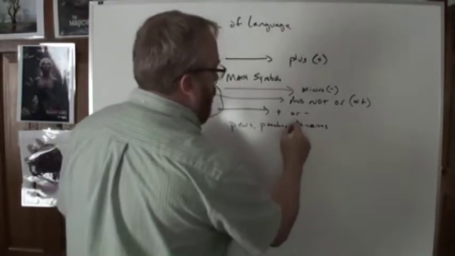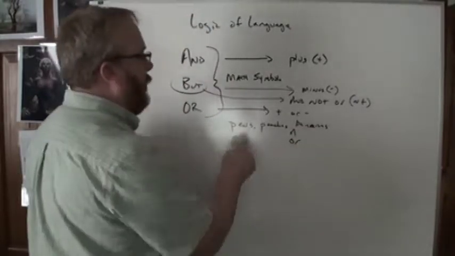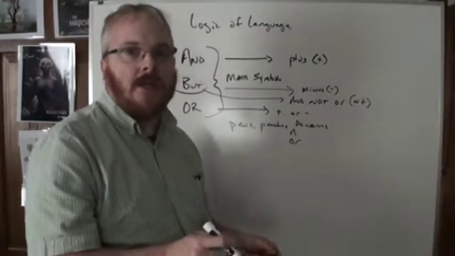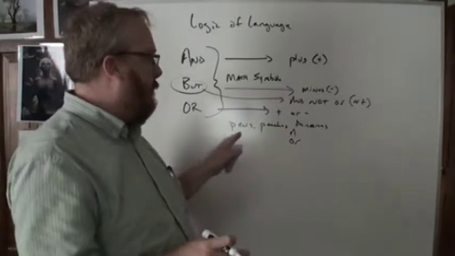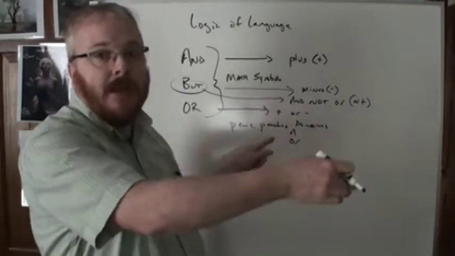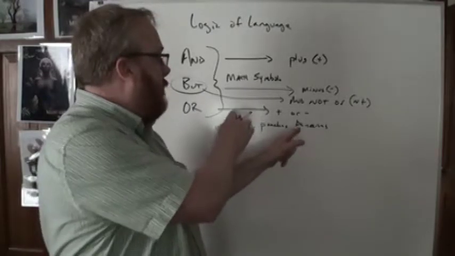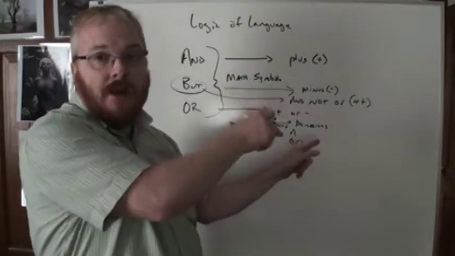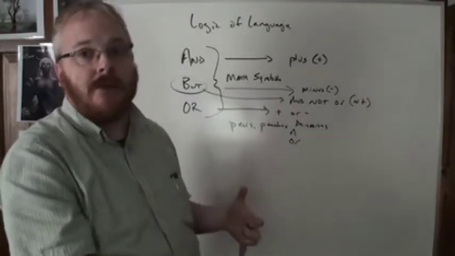And the moment we stick an "or" in, so we've got pears, peaches, or bananas, then what is true is that we can have pears and not peaches and bananas, or peaches and not pears and bananas, or bananas and not peaches or pears, or any combination of that.